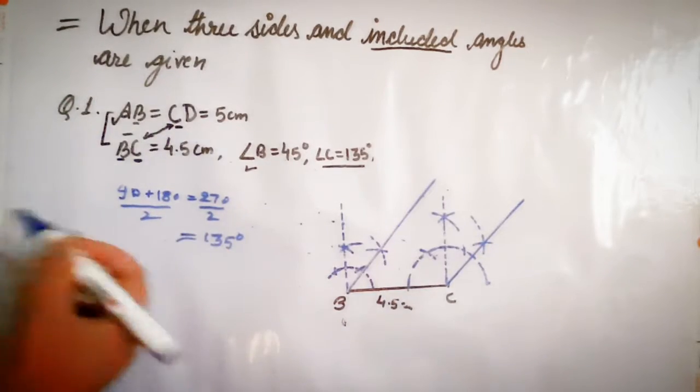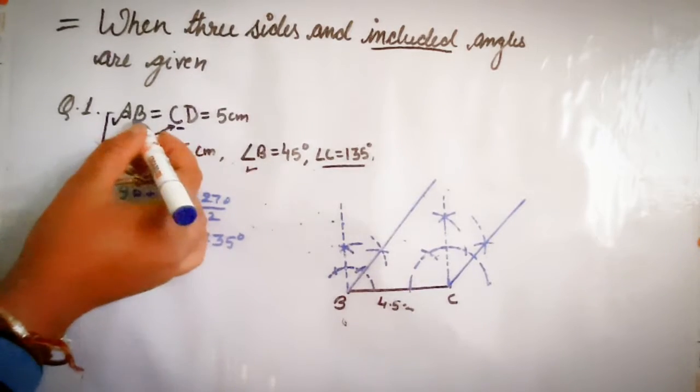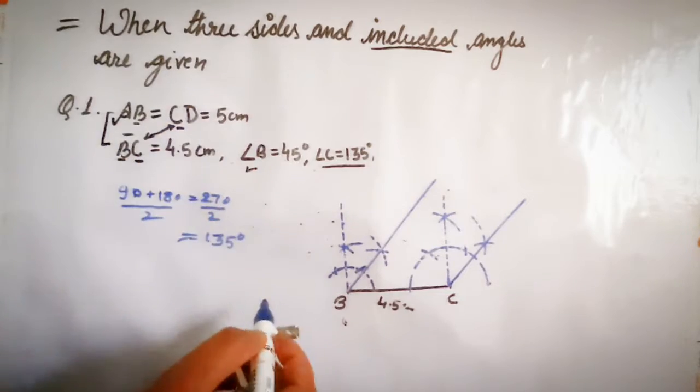Now what is given? B and C points are there. From B you can draw BA and from C you can draw CD, and both are 5 centimeter.